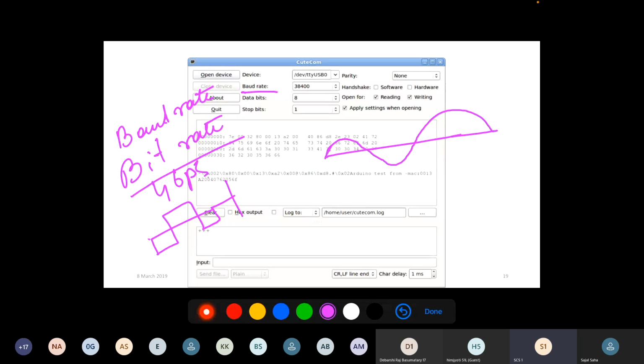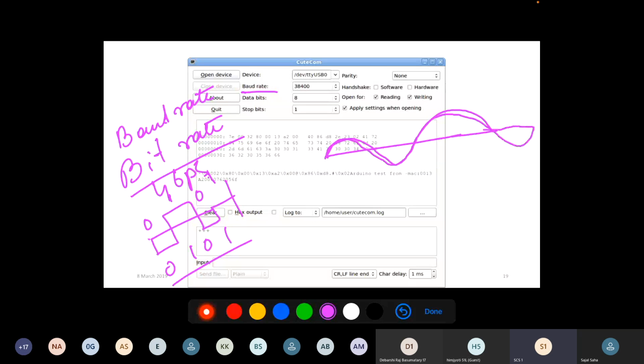That means 4 bits are going, in the form of 0 1 0 and 1. So that is your bit rate. Now baud rate means how many signals carrying these 4 bits are going. That is called your baud rate.